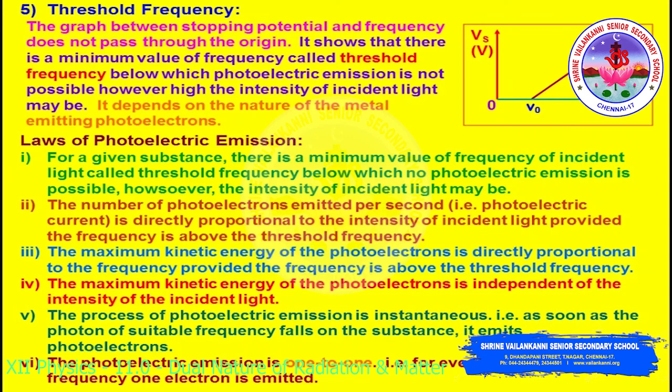The time lag between the incidence of the light radiation and the emission of photoelectrons is very small. And you must particularly know about the points which are above the threshold frequency. Got it? So these are all the laws of photoelectric emission, the conditions which we are getting.